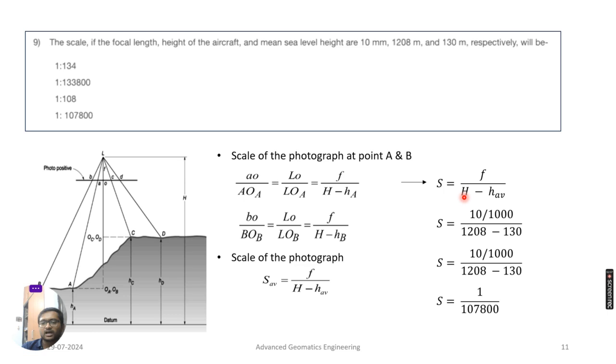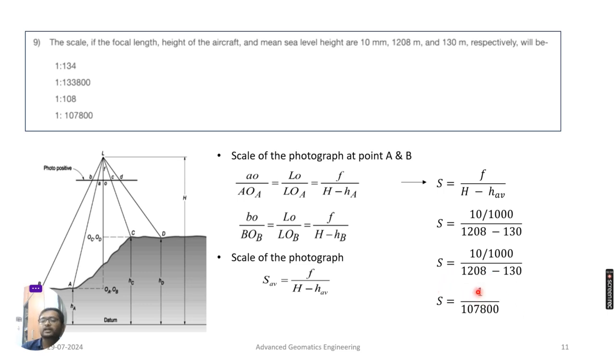Then the height of the flight or aircraft, which is capital H, 1208 meter, minus the height of the mean sea level or mean sea surface, which is 130 meter. So minus 130. If you simplify these numbers, you will get 1 divided by 107800, which is the scale of the image.